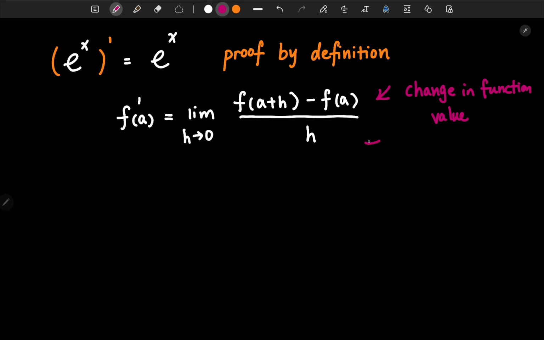On the bottom we have h, where h here stands for a very small change in x. So the derivative of a function at that point basically measures the rate of change at that point.